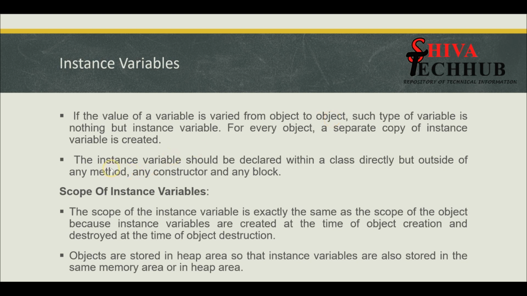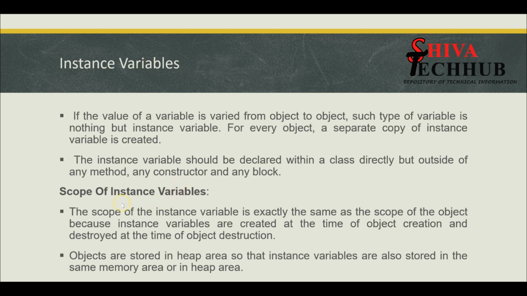One more condition for an instance variable is that it should be declared within a class, inside the class, but outside the method. Whenever you are declaring inside a method, we'll be looking into that in the next slide. But for now, the instance variable is declared within the class, but outside the method.